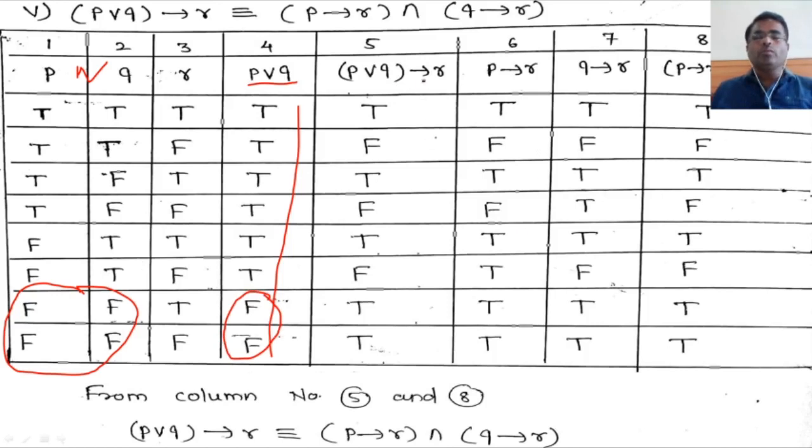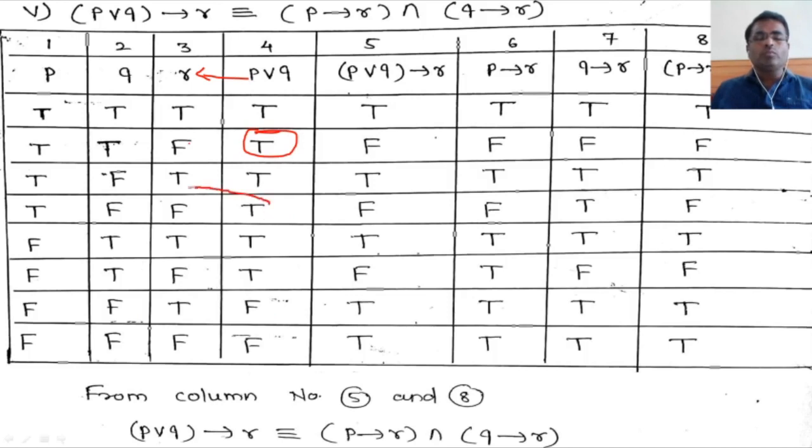Then P or Q implies R. That is, this column implies this column. For the true, false combination, the implication gives false. Here also you will observe that a true, false combination is there, and here also.